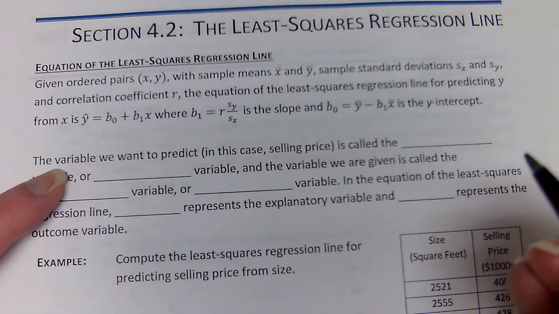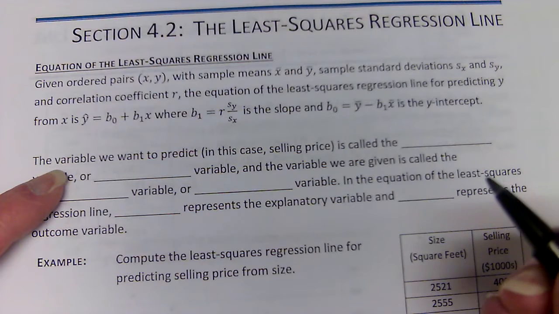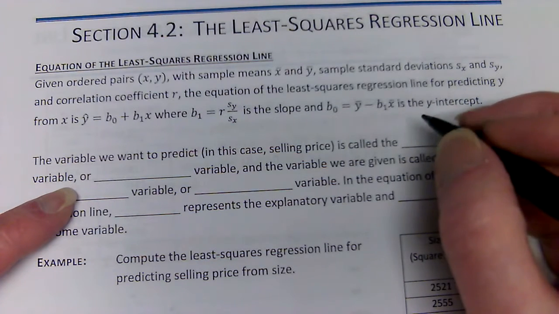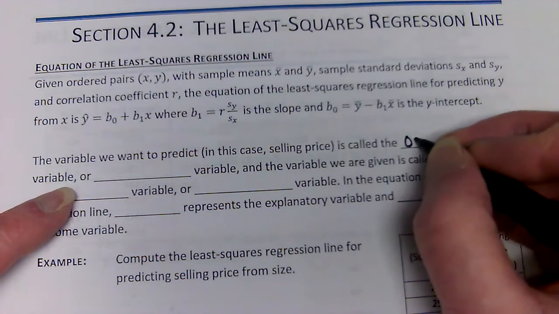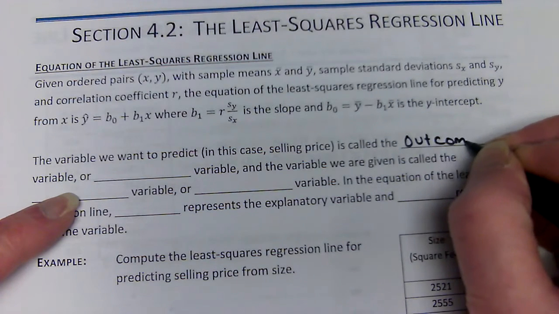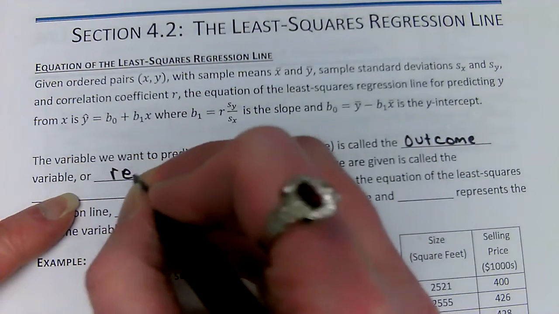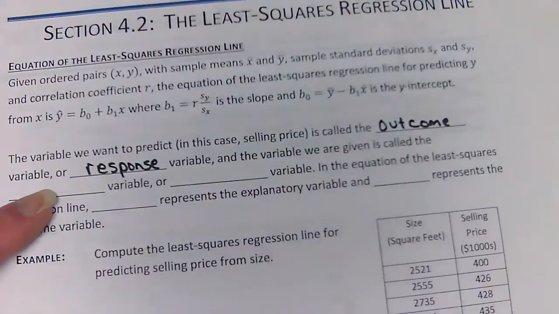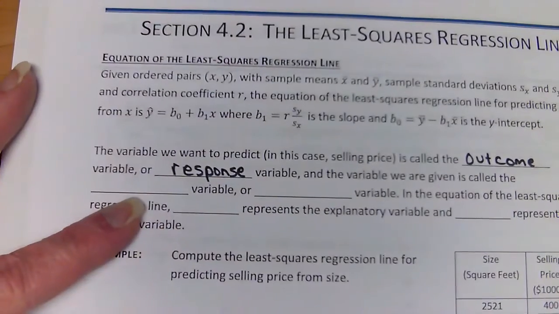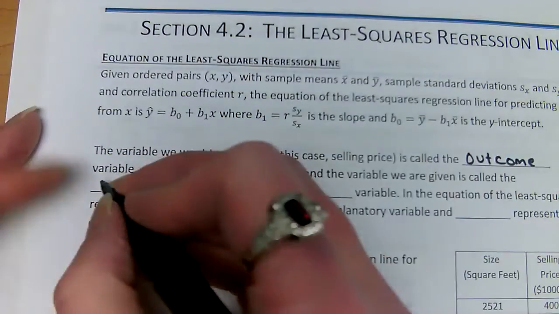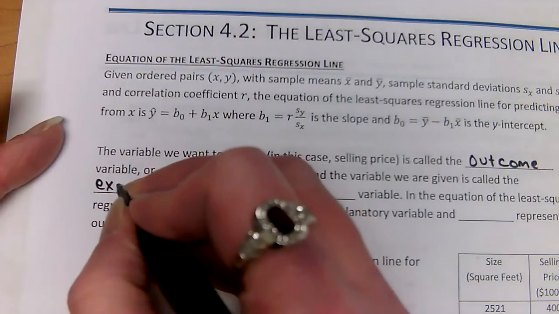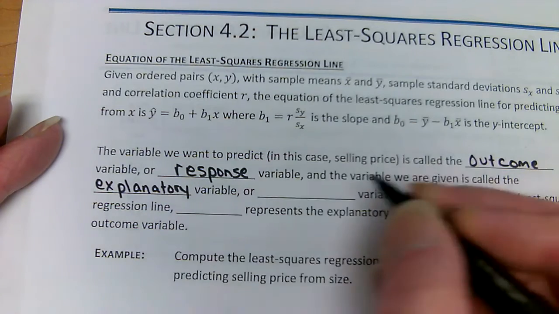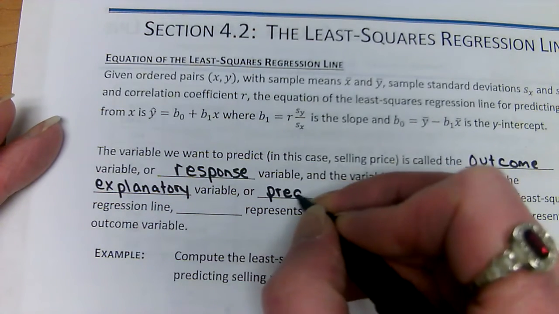Now, the variable we want to predict in this case, the seller's price, is called the outcome variable or response variable. I like the word response. And the variable we're given is called the explanatory, or you can call it the predictor.